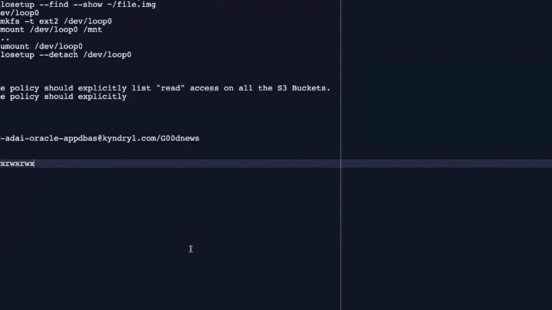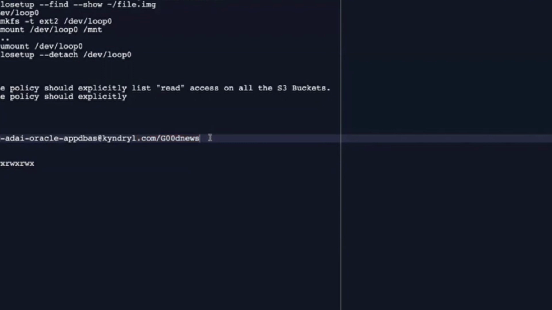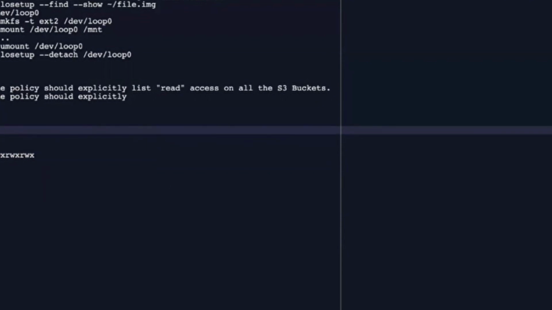The owner can read, write, and execute. The group members can do read, write, and execute. And even other people, those who can connect to the same Unix system, can also read, write, and execute. Very important. So that's how the permission mask would be.